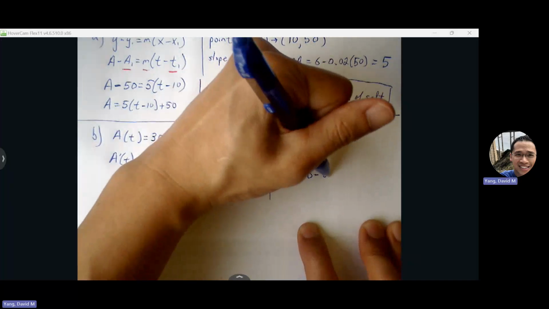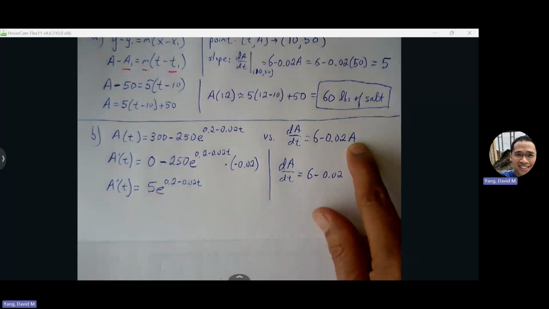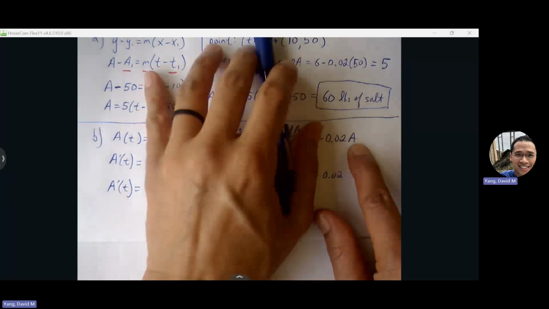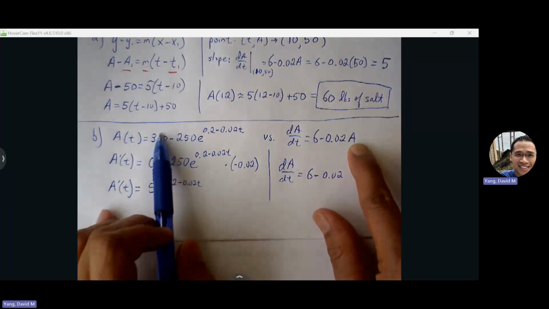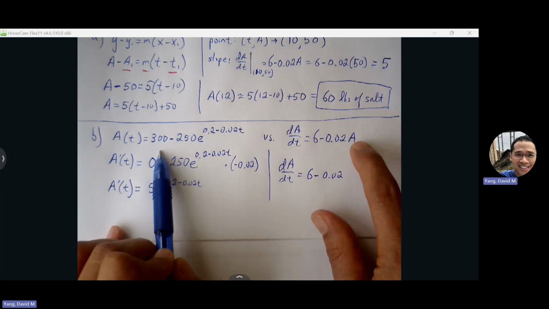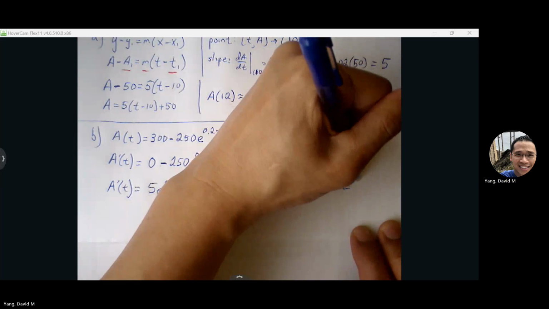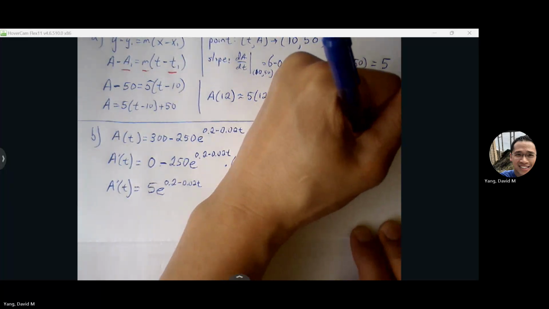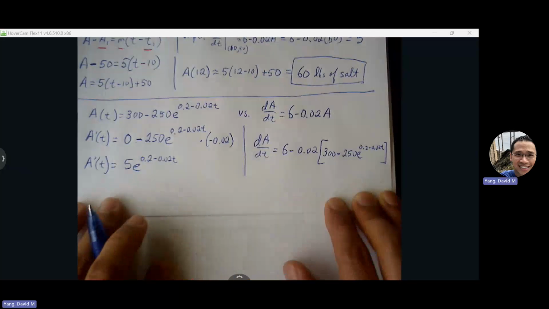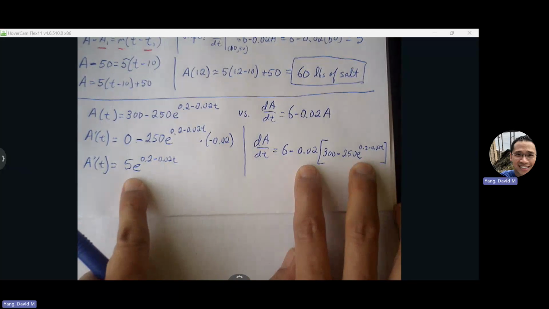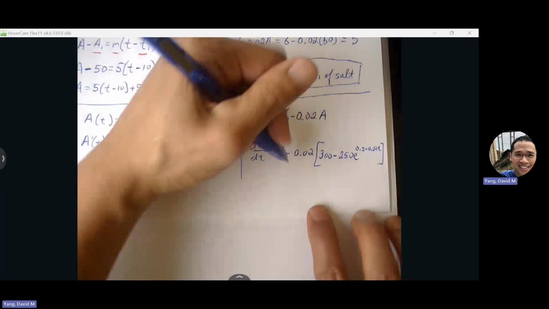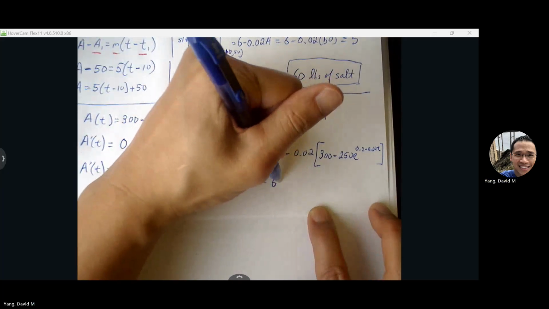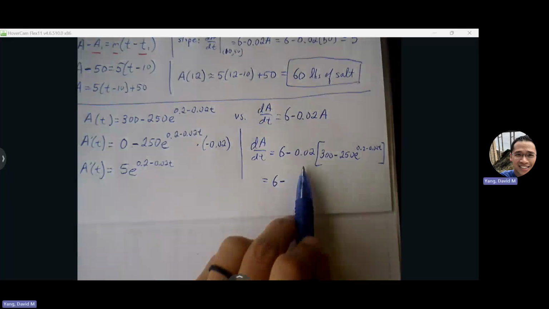equals 6 minus 0.02. Now my A is this original equation here, right? So if I replace A with this equation, and the hope is that if we clean this up, that this will look like this A prime in terms of T. Distribute the 0.02 through.